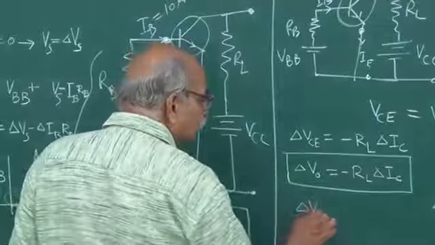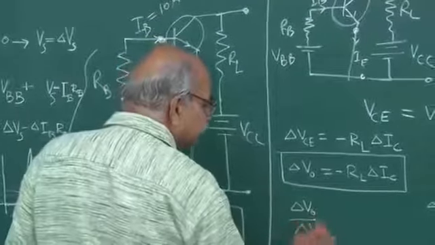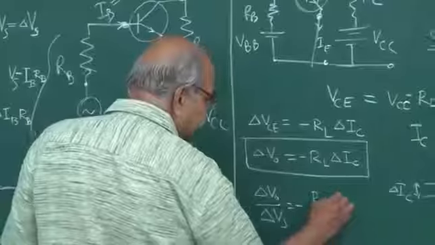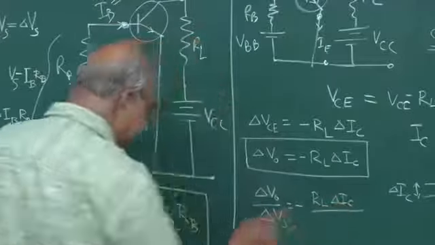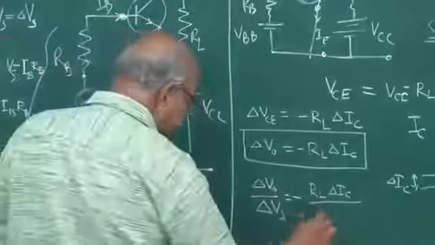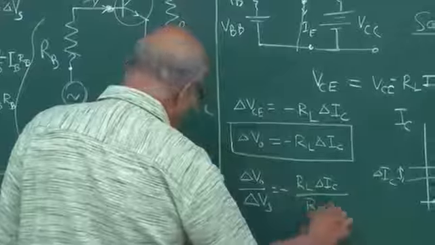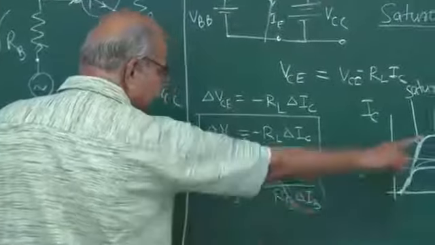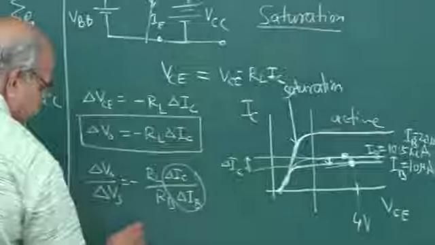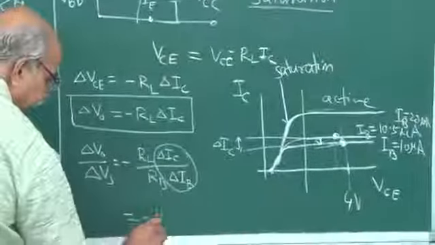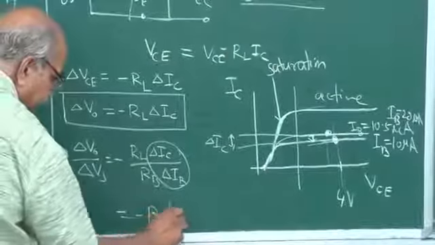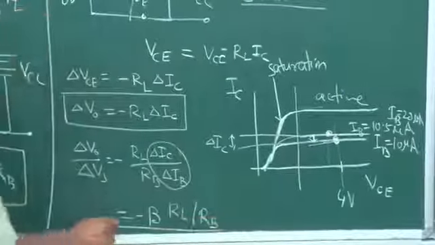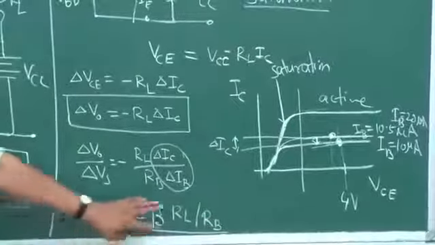Delta VO divided by delta Vs is minus RL delta IC, divided by RB and delta IB, and this is beta. We are in the active region, so this is beta. So, this is minus beta times RL by RB, and this is constant.